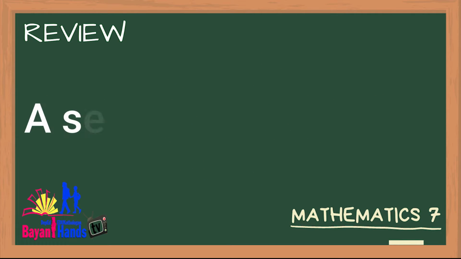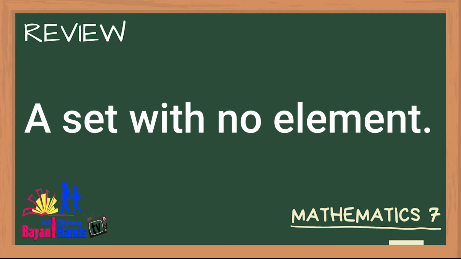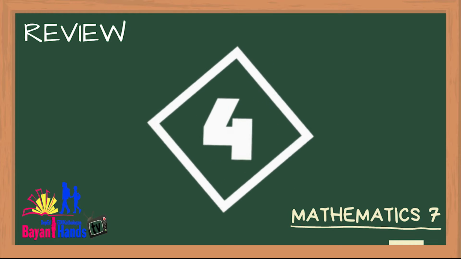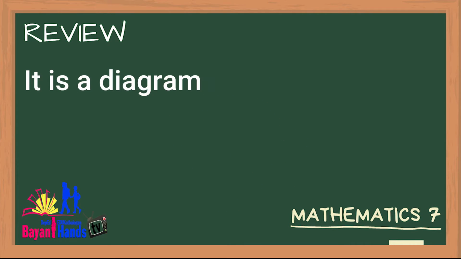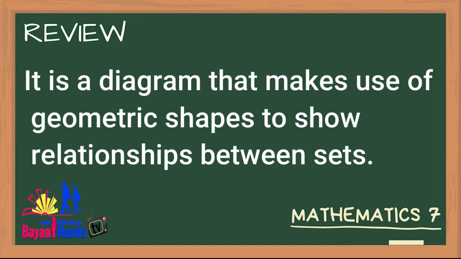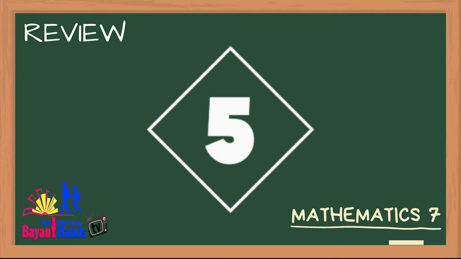A set with no element. Answer: null set. Number 4. It is a diagram that makes use of geometric shapes to show relationships between sets. Answer: Venn diagram.